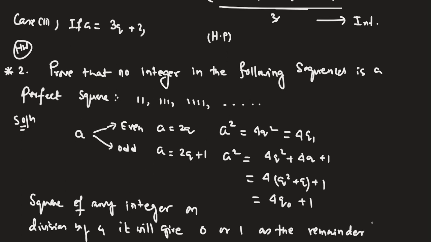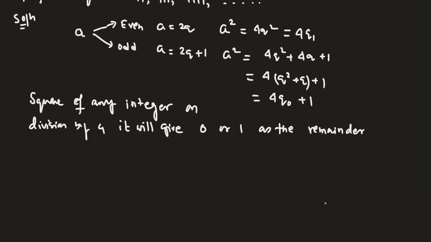That means if the integer is a perfect square, then if you divide by 4, the remainder will be 0 or 1. No other remainder you will get. Okay now, so these results we are going to use.